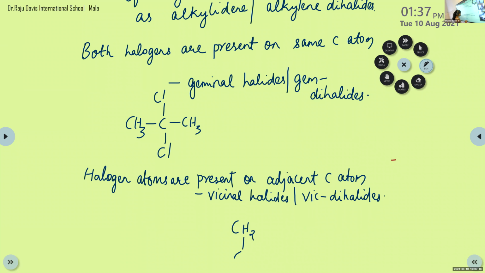Just like this, CH2Cl, CH2Cl. This is an example for vicinal dihalide. Here the halogen atom is present on adjacent carbon atoms.